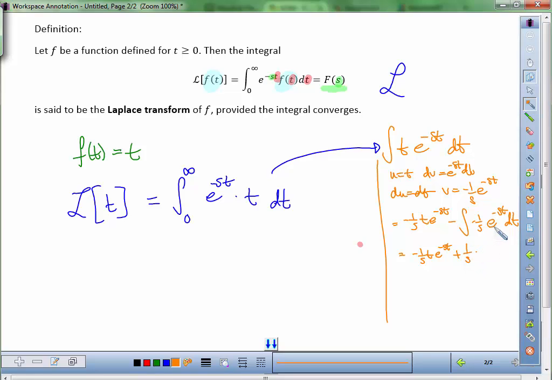And then the antiderivative of e to the negative st is again negative 1 over s e to the negative st. And let's just do one quick simplification and then take the limits. So negative 1 over s t e to the negative st, and then a minus 1 over s squared e to the negative st.